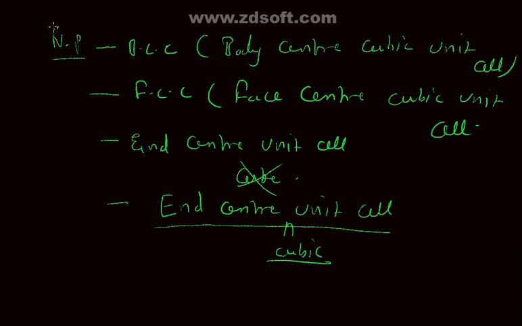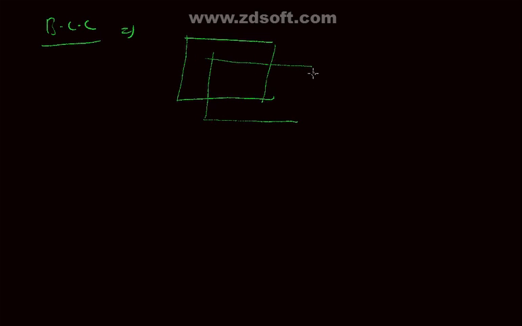Now we'll study non-primitive in detail. Let's talk about the first one. It's BCC, body centered cubic unit cell. In this, atoms are present at the corner, and at the same time at some specific site, and that specific site is called the body center.